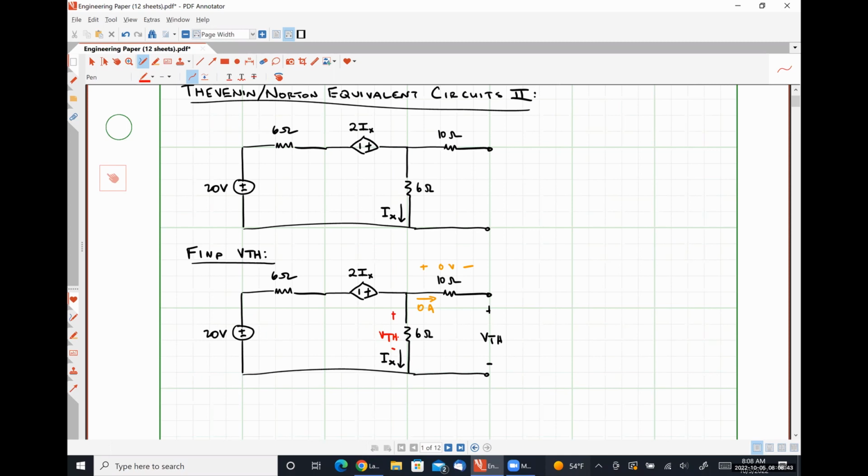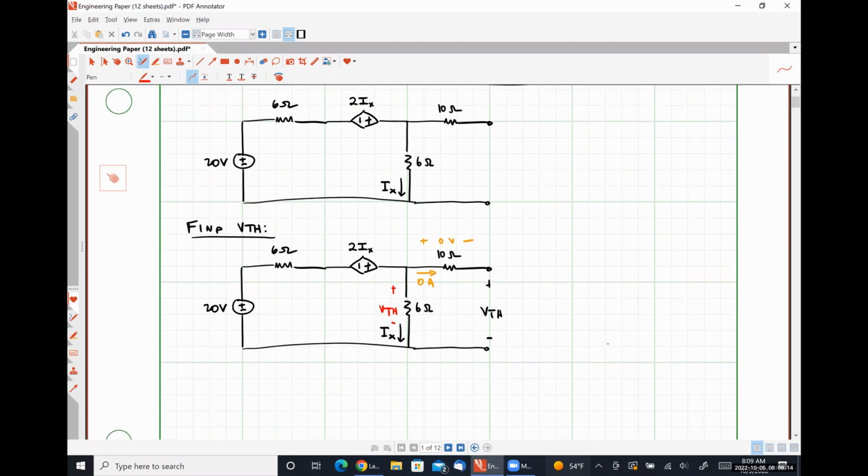And I can do that by using Kirchhoff's voltage law around that right-hand path, right? If there's no voltage drop across the 10-ohm resistor, then VTH is the same as the voltage drop across the 6-ohm resistor. So this ugly-ish looking circuit here can really be analyzed as a single loop circuit because our controlling current Ix flows through all of the elements that are actually contributing to the behavior of this thing, okay?